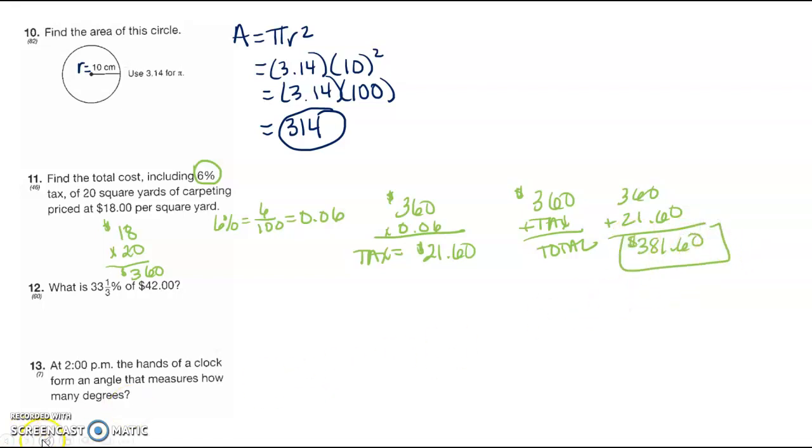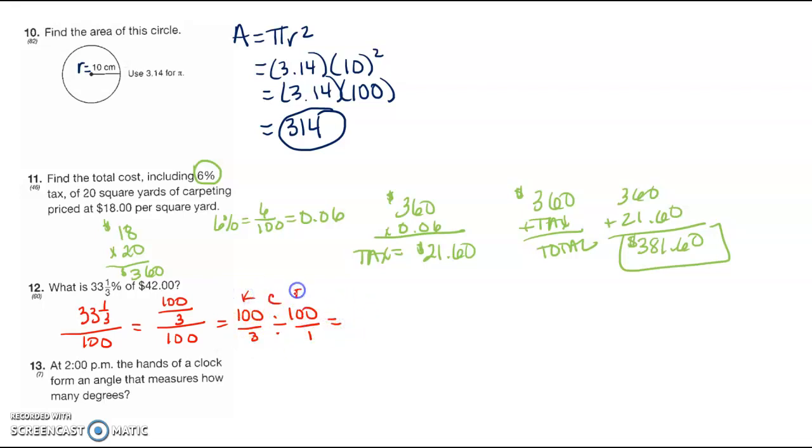Okay. Let's see. What is 33 1/3% of $42? Okay, so let's see. 33 1/3 over 100 is going to give me 3 times 3 is 99 plus 1 is 100 over 3 over 100, or 100 over 3 divided by 100 over 1.